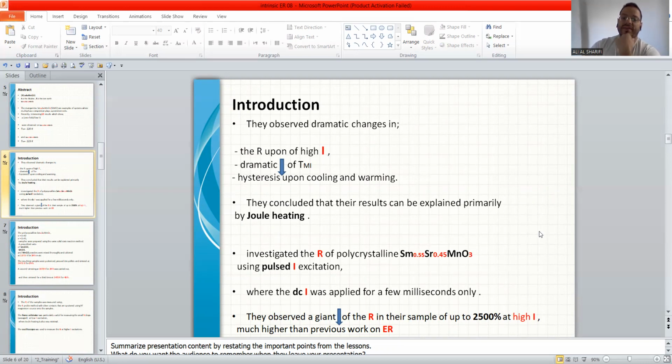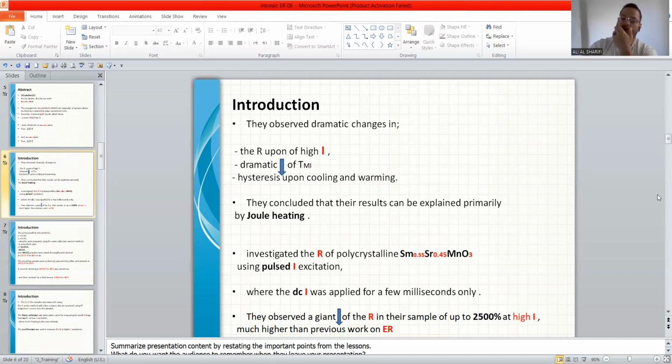They concluded that the results can be explained primarily by Joule heating. Like I said before, we will use Joule heating in some places, specifically at the stage when it is increasing or decreasing, until it stops, until it is constant or equal 0. Here at these two different periods, the Joule heating will work. After that, at the flat region, it will be useless.